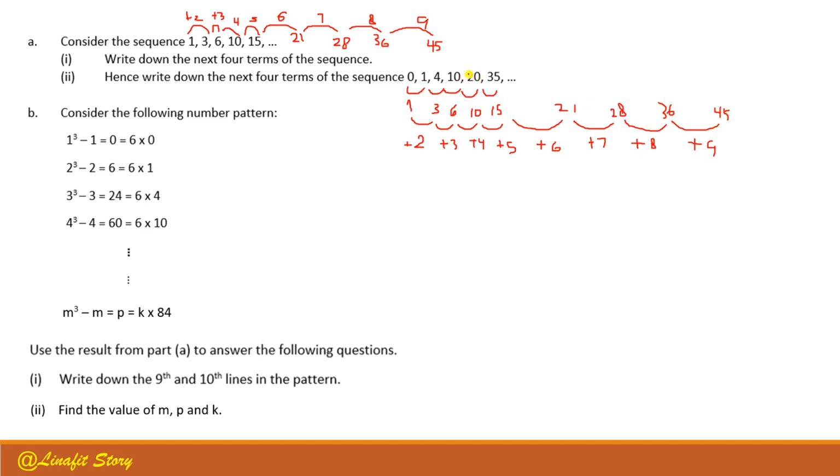So after that, 35 plus 21 is equal to 56. 56 plus 28 is equal to 84. 84 plus 36 is equal to 120. 120 plus 45 is equal to 165.